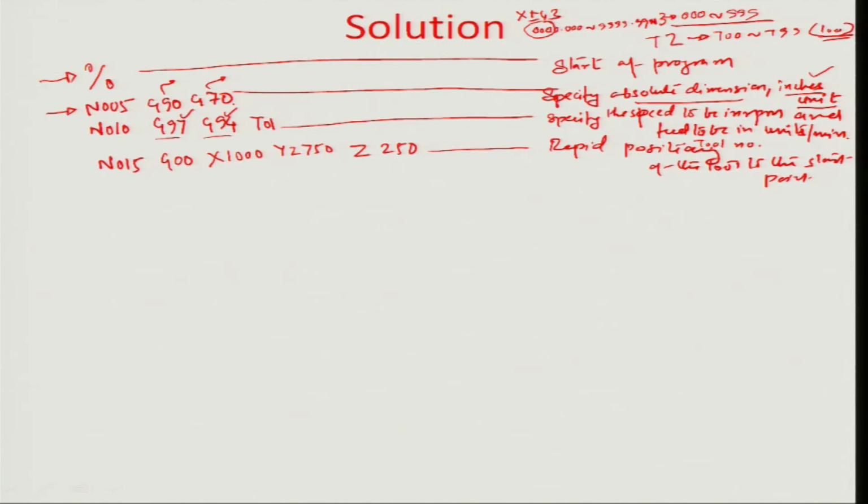Then finally we rapidly positioned the tool to the start point using the command G00, and I already described how we obtained these coordinates. Z plus 250 means 0.25 inches above the surface. The specification, mind you, is about x, y, z plus minus 4,3.